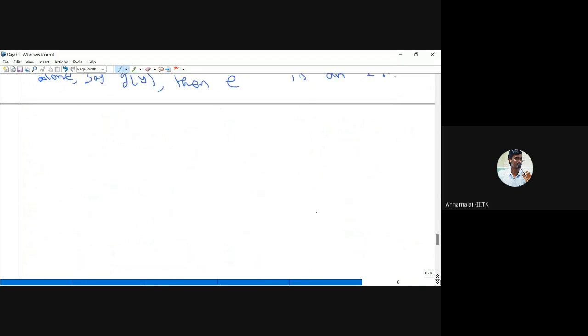Problem: find the integrating factor of the equation (x squared plus y squared plus x) dx plus xy dy equal to 0.